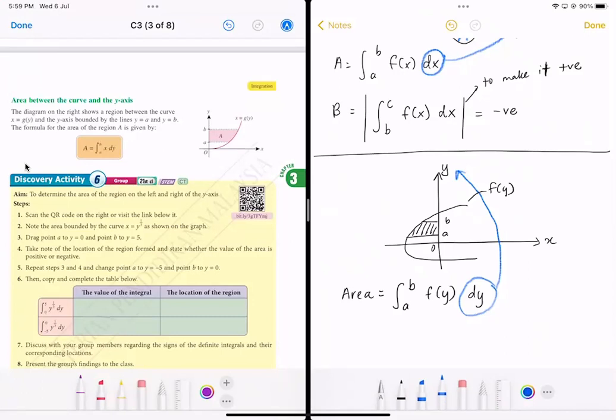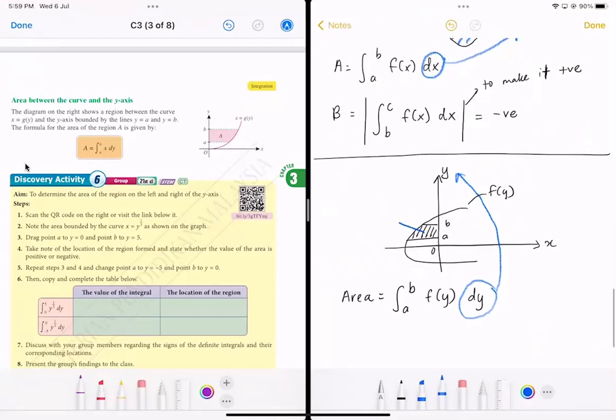For this particular question, because it's on the left side, the answer from the calculator will give you a negative value. So when it gives you a negative value for area, what must you do? Make it positive by putting a modulus. This is for this case.